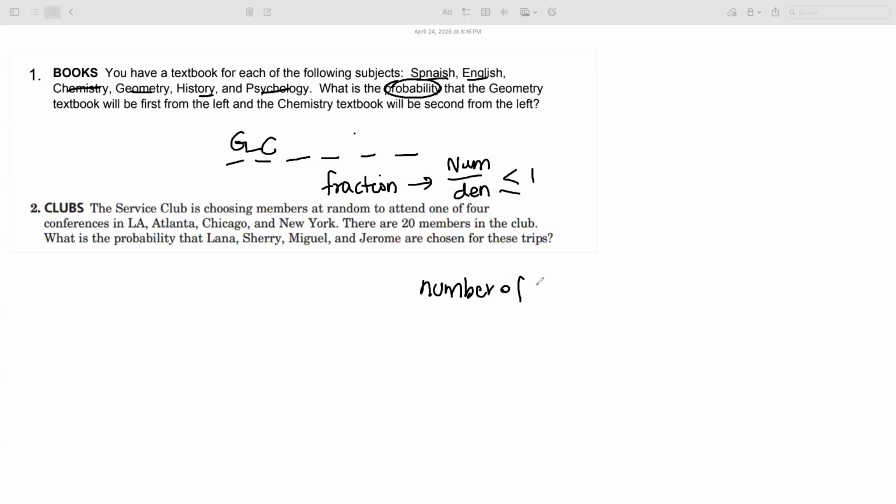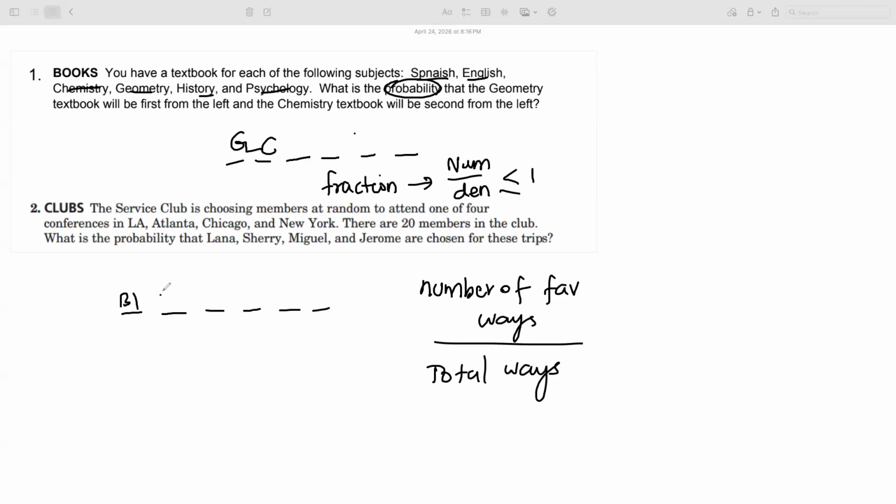Always, if it is probability, it is the number of favorable ways divided by the total number of ways of arranging the books. If I have 6 books, B1, B2, B3, B4, B5, B6, how many ways are there to arrange the 6 books? Who can tell me? How many total ways to arrange the 6 books?